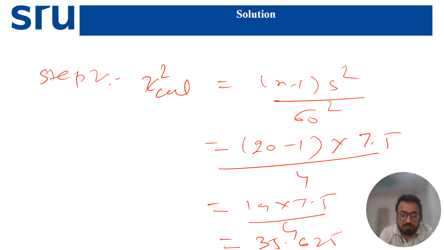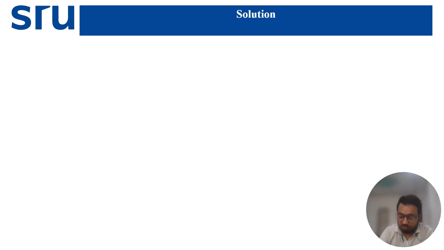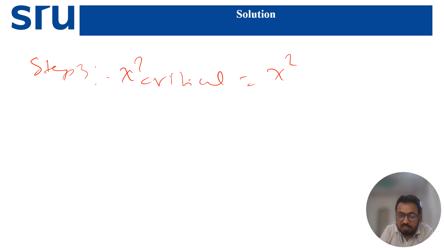Now in step 3, the chi-square critical value. This is equal to chi-square alpha, n minus 1. Here alpha will not be divided by 2, because this is a one tail test.